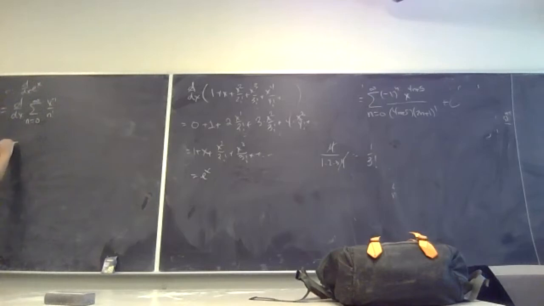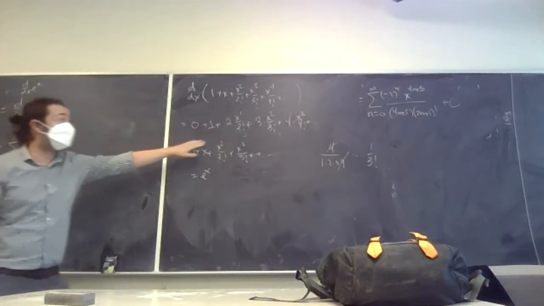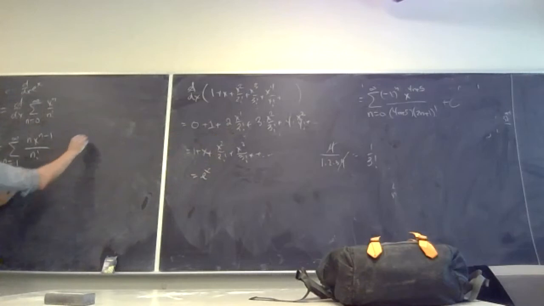This is equal to the sum from n equals 1 to infinity of n x to the n minus 1 over n factorial. But now abstractly, you need to recognize that n over n factorial is 1 over n minus 1 factorial.